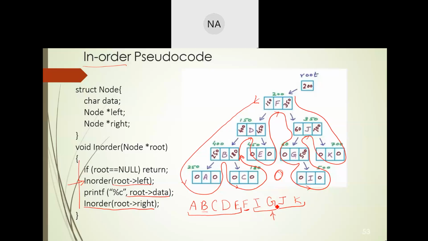Okay, there is some issue over here, because what we have done is that before I, node G is visited. Why? Because node G is encountered the second time over here.